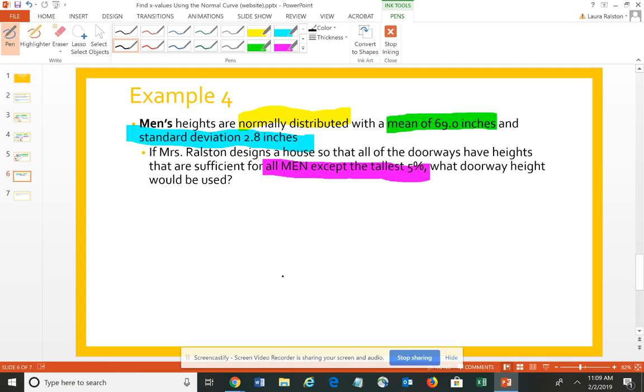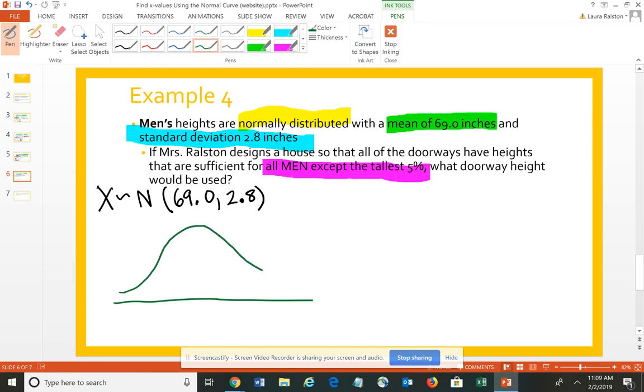Okay, so here's what we know. Our variable, men's heights, is approximately normal with a mean of 69 inches and a standard deviation of 2.8 inches. We want to figure out the height that fits all men except the tallest 5%. So I'm going to draw my curve: horizontal axis, bell-shaped distribution, mean in the middle, which is 69.